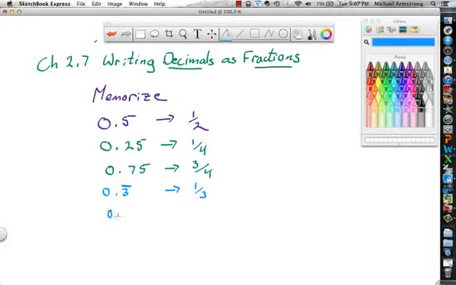The next one is 0.6666666 that goes on forever. Little bar over it. It's actually 2/3. I guess that would make sense, right? Now if it was just 33 plus 33 plus 33, 33 plus 33 is 66, plus 33 is 99. And we didn't quite get to 100. 99 plus 1 is 100.